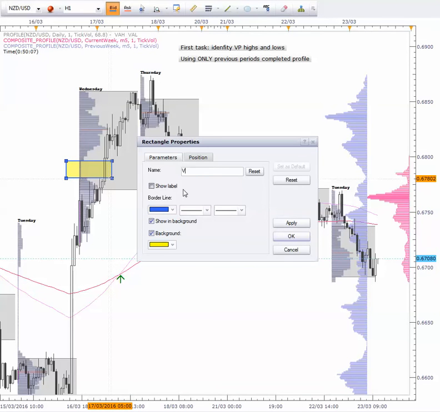This is a volume profile low. And the thing about the volume profiles is that the level is not a specific number. It's a range. So this is a volume profile range.